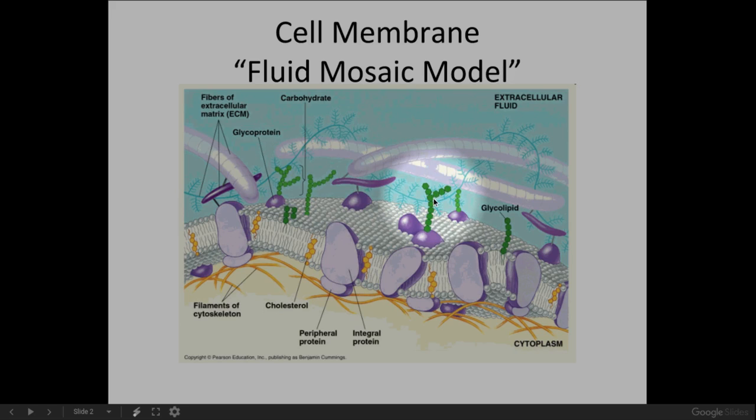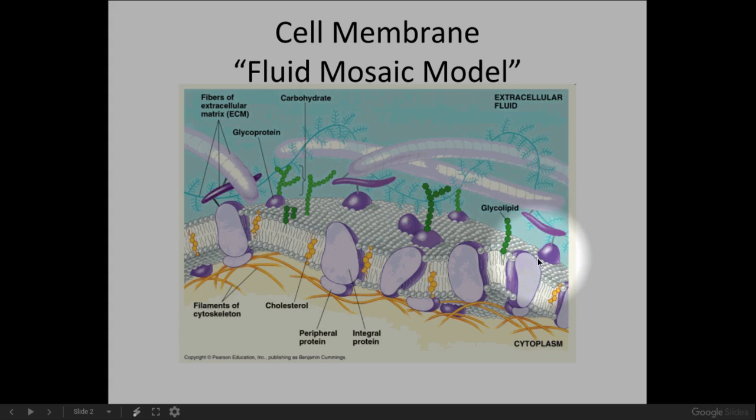And if they're attached to a protein, as we see here or here, we call it a glycoprotein. We can also have various carbohydrates attached to lipids, phospholipids, and this would be a glycolipid.